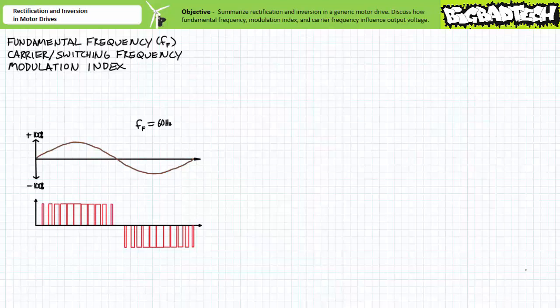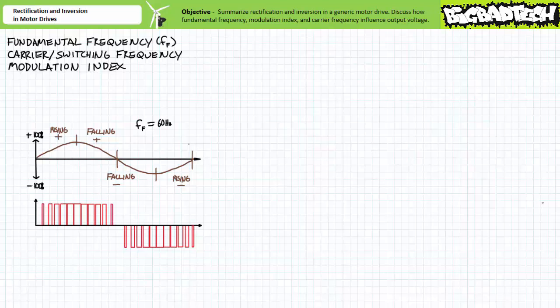It's again best to conceptualize the influence of fundamental frequency using 4 separate sections of the AC waveform: the rising positive, the falling positive, the falling negative, and the rising negative. Given the 60 Hz fundamental frequency, the whole waveform would have a period of 16.7 milliseconds, and each quarter section would be approximately 4.2 milliseconds in length.